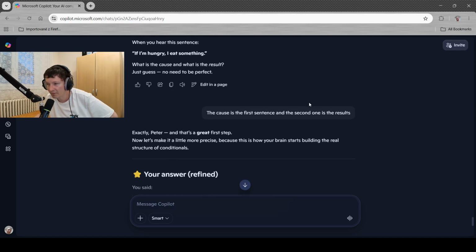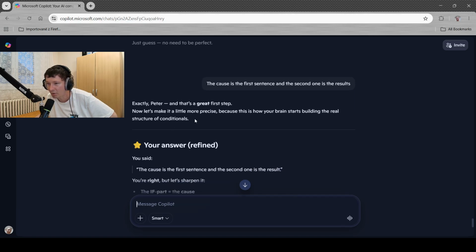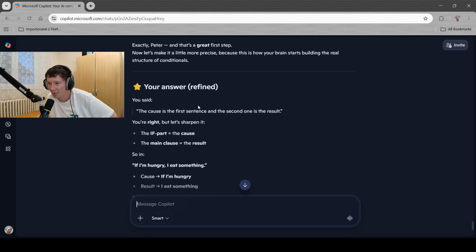The cause is the first sentence, and the second one is the result. Exactly, Peter, and that's a great first step. Now let's make it a little more precise, because this is how your brain starts building the real structure of conditionals. You said the cause is the first sentence and the second one is the result. You're right, but let's sharpen it.